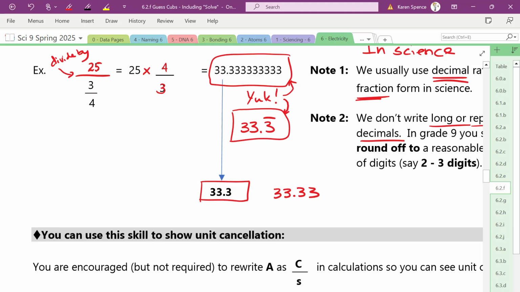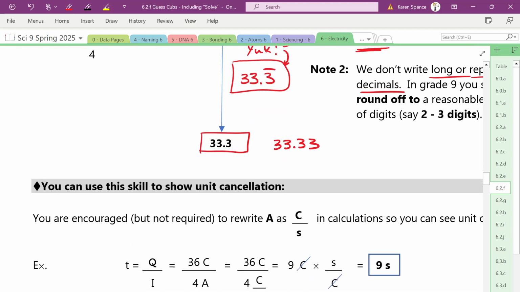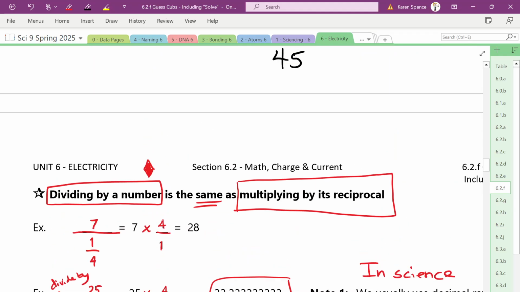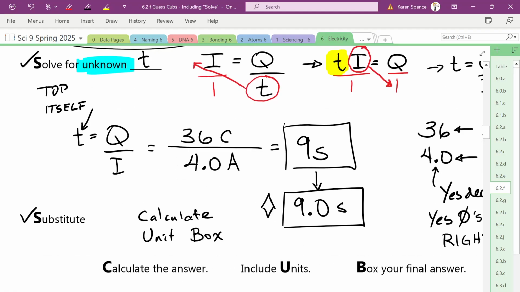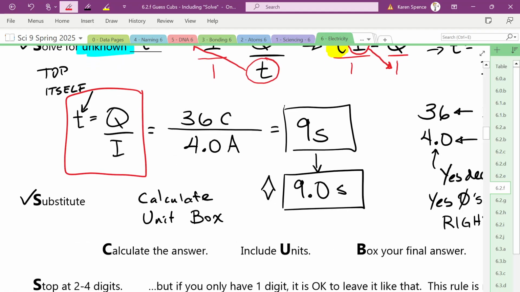Now let's take a look. Dividing by the number is the same as multiplying by its reciprocal. Let's use that with our units of amps. And we're going to look at our last question. Okay. So we had, if you recall, T was equal to Q divided by I, and we had 36 coulombs over 4 amps.